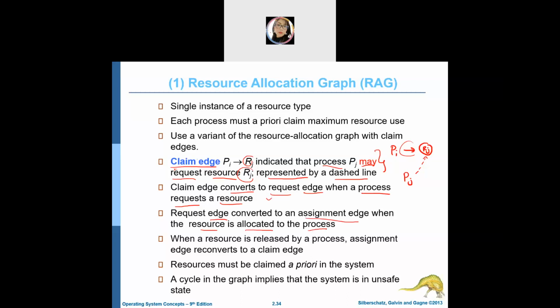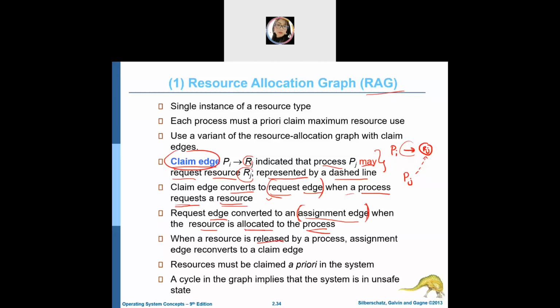So last time you learned the request edge and the assignment edge, but when you have RAG, first of all you're going to have a claim edge. It's going to change to a request edge when a process requests a resource, and it changes to an assignment edge when the resource is allocated to the process.